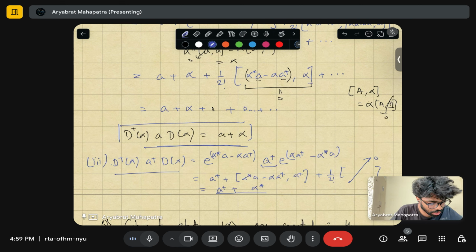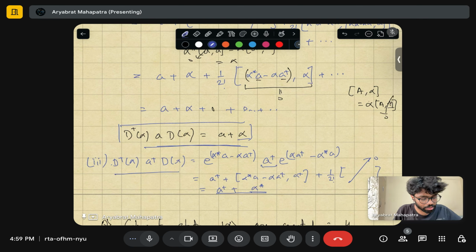Using this D alpha, you can displace the a operator by some alpha, or in the other case you can displace a dagger by some alpha star. By that, its name has come.